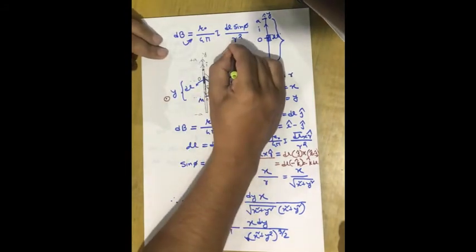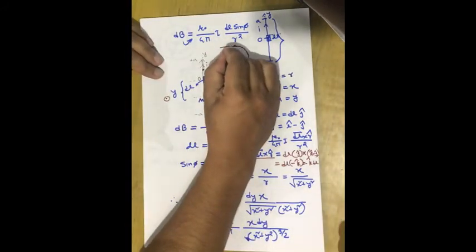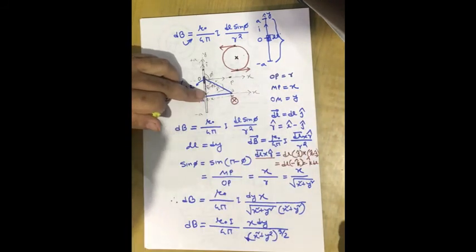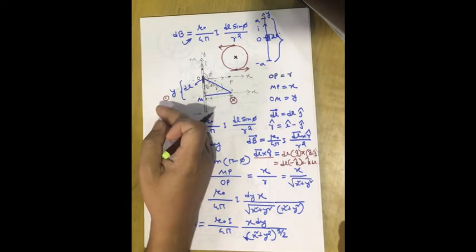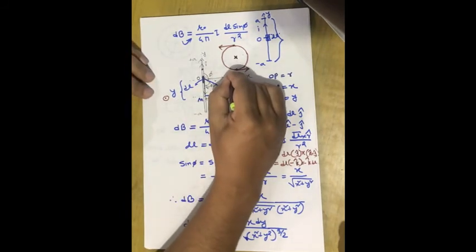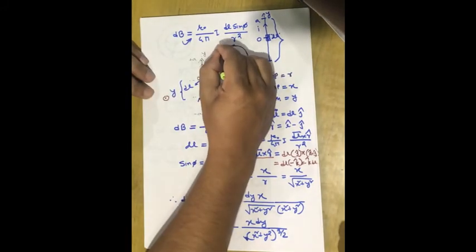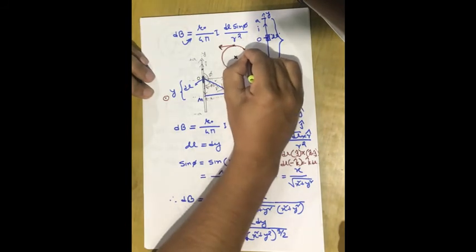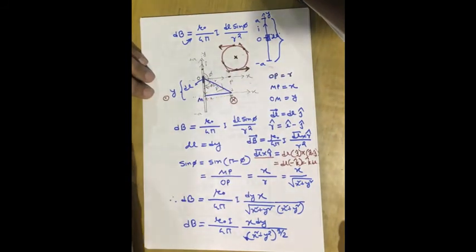At this point you have to take the tangent in the opposite direction, because towards the right the magnetic field is into the plane of paper, and towards the left it is outside the plane of paper. So at this point the field is along this direction, and at that point along the opposite direction.